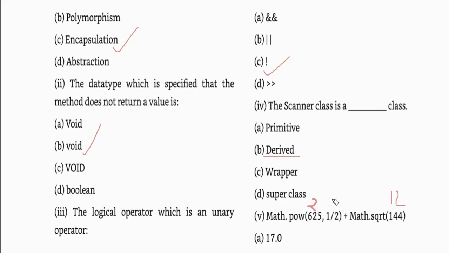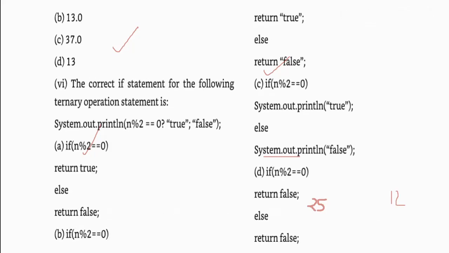So 25 plus 12 will make us 37. So let's see which option is 37. Yeah, here option C is 37. Let me clear all these markings first. So 37 is the answer for this.